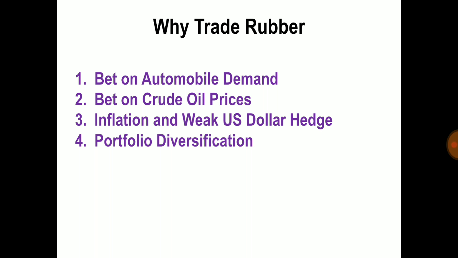US central bankers are likely to continue this policy to support consumers' borrowing and spending. These conditions are likely to be very beneficial for rubber prices. A weak US dollar could stoke inflation concerns. Since there is limited supply of the rubber tree, the price of the commodity could likely benefit from the fear of inflation.